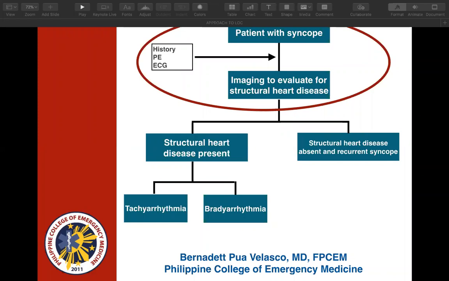However, it is broadly recommended because it is non-invasive and relatively inexpensive. So the first approach, if the patient presents to you with a syncopal attack, is to do a brief history, a quick physical examination, and get a 12-lead ECG, and then evaluate if the patient has structural heart disease or none.